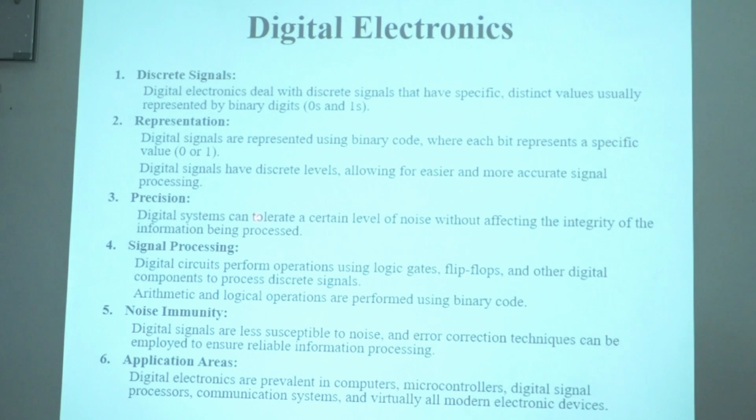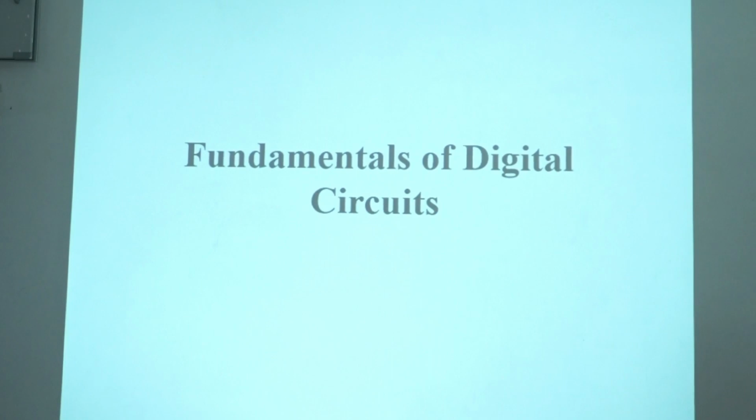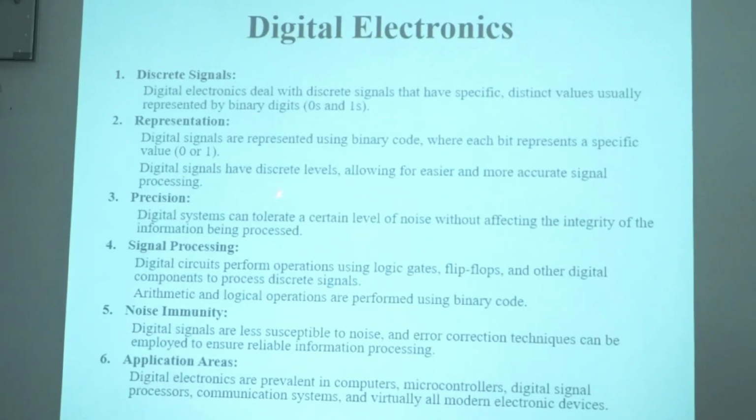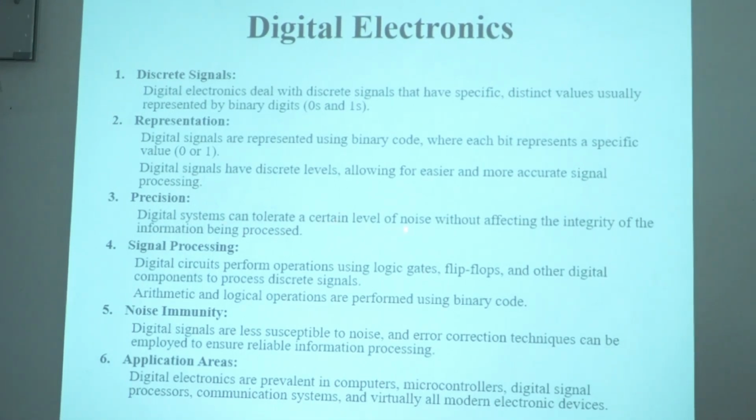Now, when we talk about precision, we have seen that analog electronics are sensitive to small variations, right? Unlike this, and this is the major advantage, digital electronics can tolerate a certain level of noise without affecting the integrity of the information being processed.